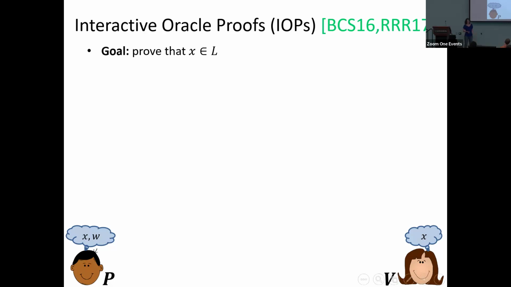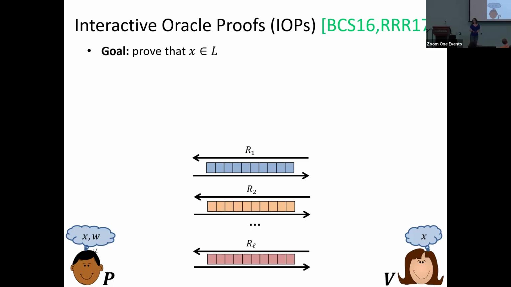And this is executed in rounds, where in each round, the verifier sends over a random string and receives a long oracle message from the prover, which she doesn't even read. And then once the interaction ends, the verifier probes few locations in these proofs and reads just these locations.